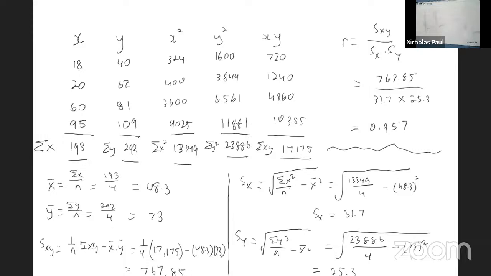There's a way to put the brackets in the calculator, or you could Google that for homework. I really can't remember. Anybody else got a different value for SXY? How much again, Saskia? Remember, you just put in this right here, and a little minus sign in the middle. That shouldn't be too hard. 17,175 divided by 4 minus 483.